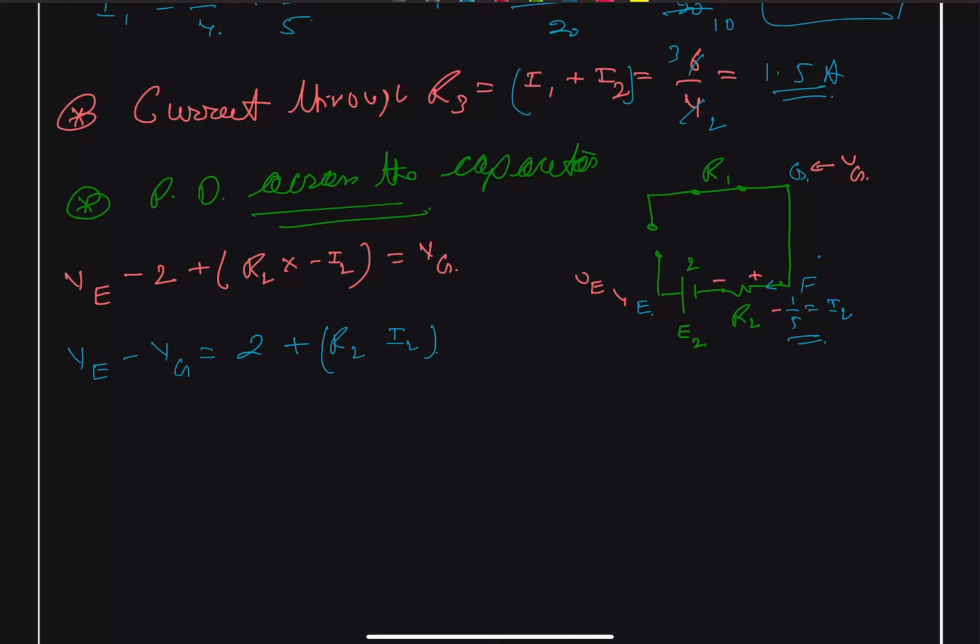And now we simply substitute the values. We have this as 2 plus, and we get this as 1.5, that is 0.5 multiplied by 2. So we get this as 2, and this is 1 by 5.